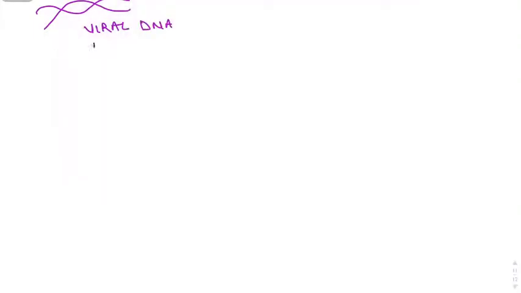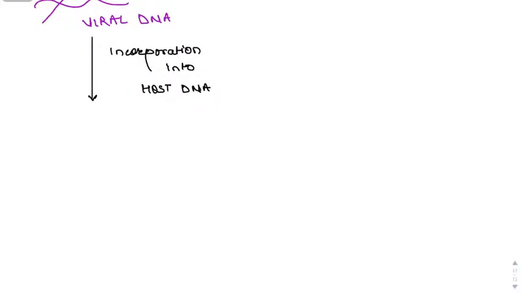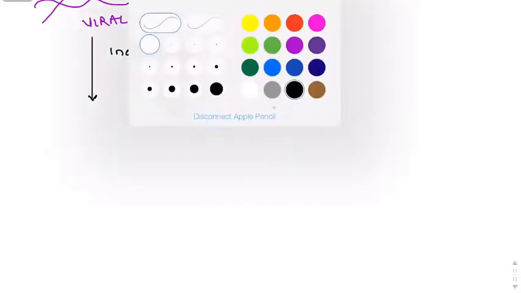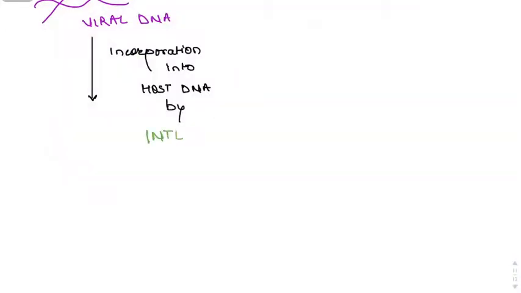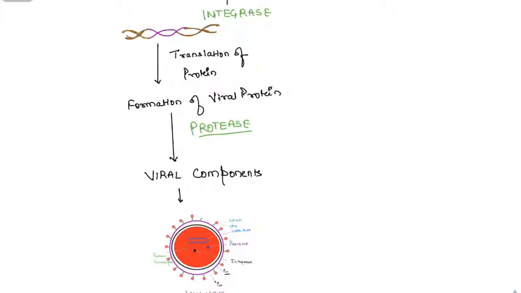Now the viral DNA gets incorporated into the host DNA. This incorporation is the main step of the viral infection, and it is brought about by an important enzyme known as integrase. By this, the viral DNA has been integrated into the host DNA.